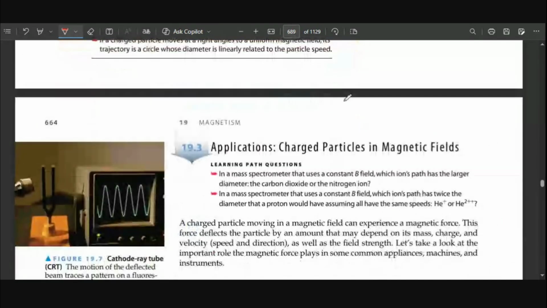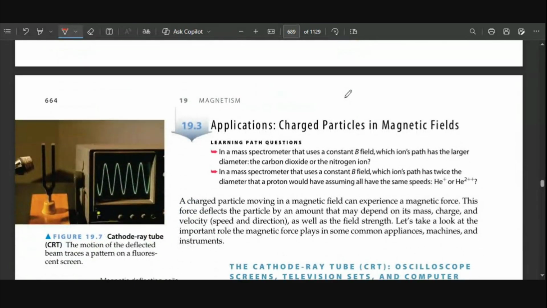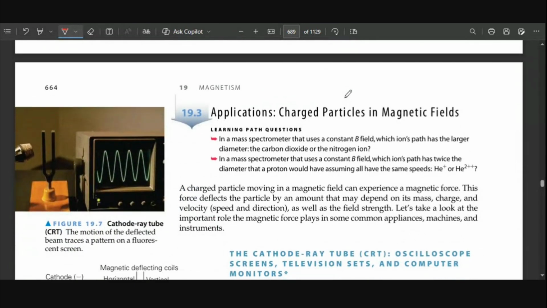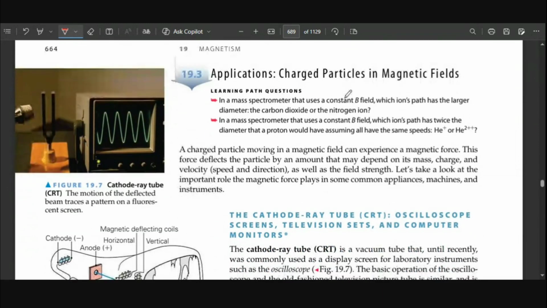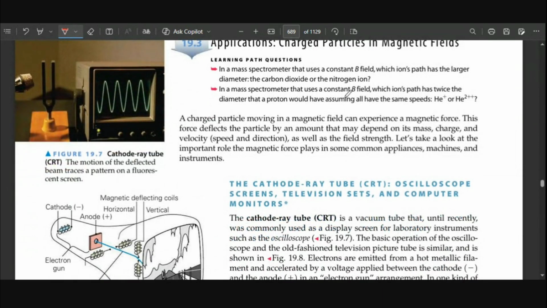After that, we have to see the application part, where we can actually use this magnetic field in human beneficial things. We do use it in mass spectroscopy, which involves the working of different devices that use a magnetic field and have the capability of storing charge.